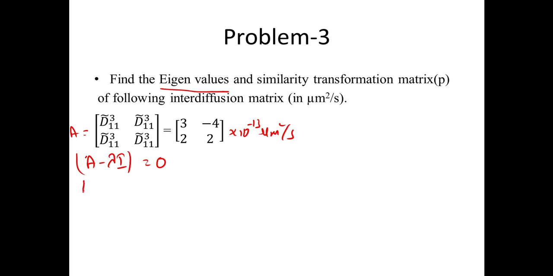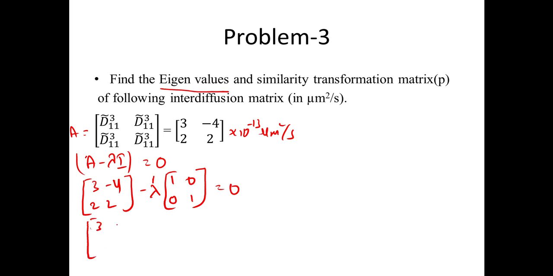The A matrix is given as 3, minus 4, 2, 2, minus lambda times the identity matrix 1 0 0 1, which gives 3 minus 4 2 2 minus lambda 0 0 lambda, equal to 0.